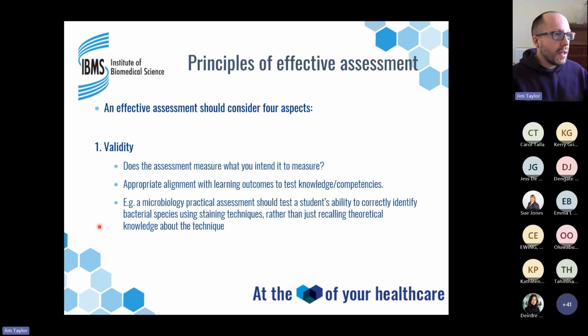The first thing that we need to consider is the validity of an assessment. And this is whether the assessment measures what you want it to measure.